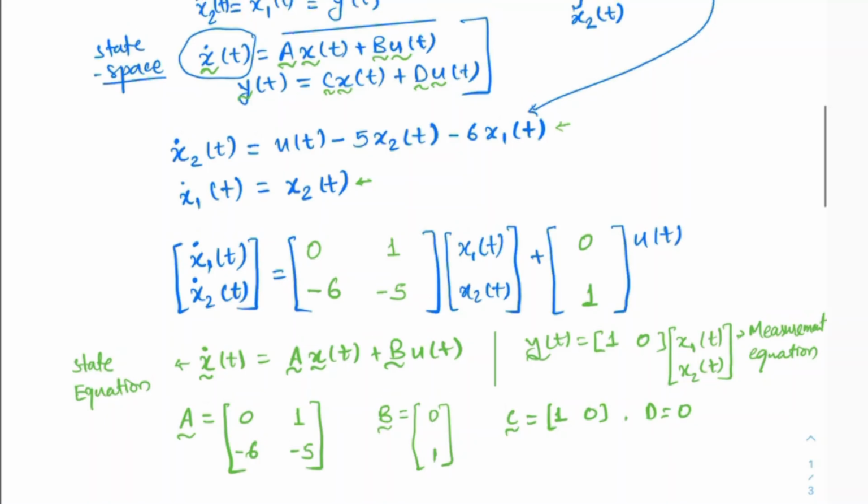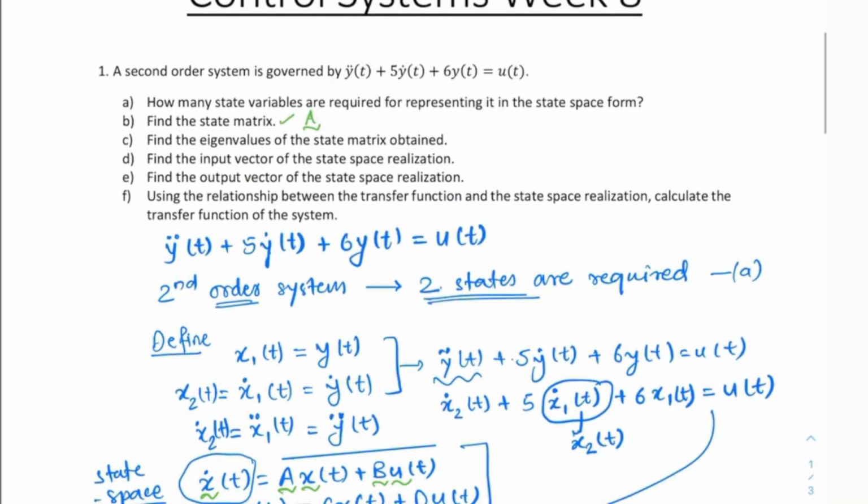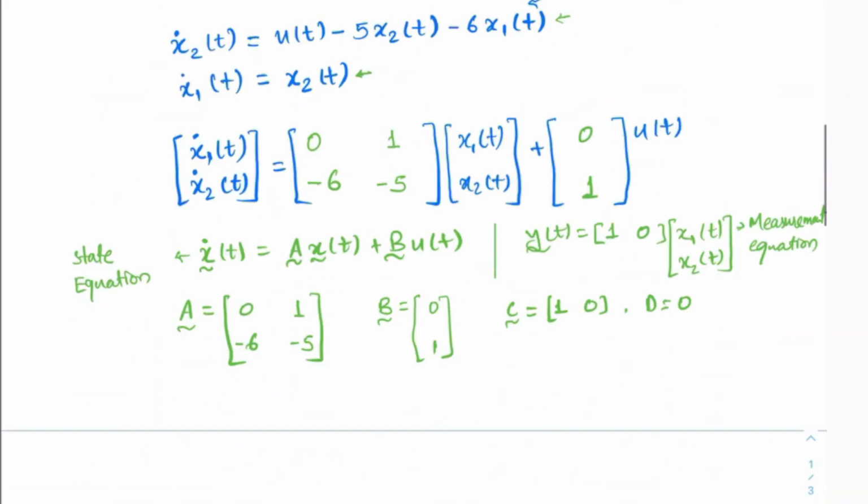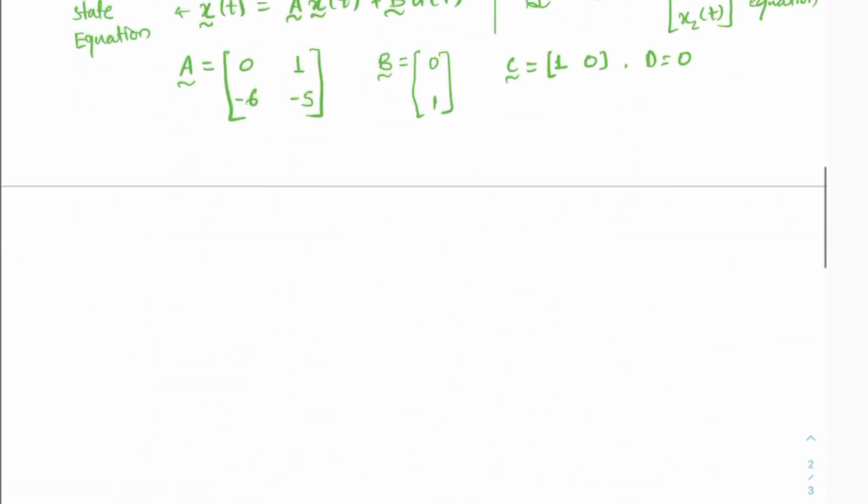So we have converted the given system into a state space representation, and we have also found the input vector, which is B. Now we want to find the eigenvalues of the state matrix obtained. The state matrix we have obtained is A, and we want to find its eigenvalues.